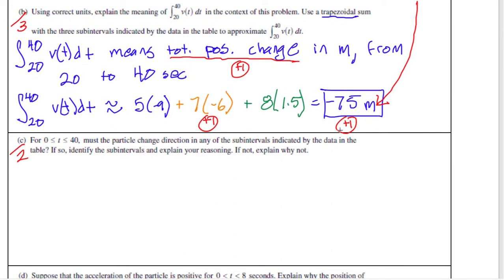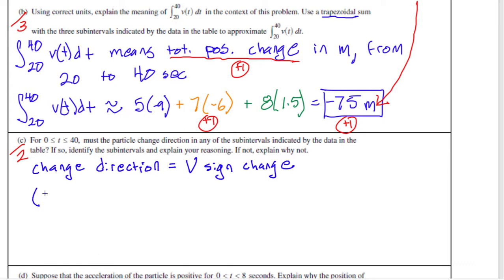And then we'll write that down. Change direction. You don't need to write this for the AP graders, but it is helpful for our notes. Change direction is the same thing as a v sign change. All right, so where does that happen? That happens on the interval between 8 and 20, and 32 and 40.